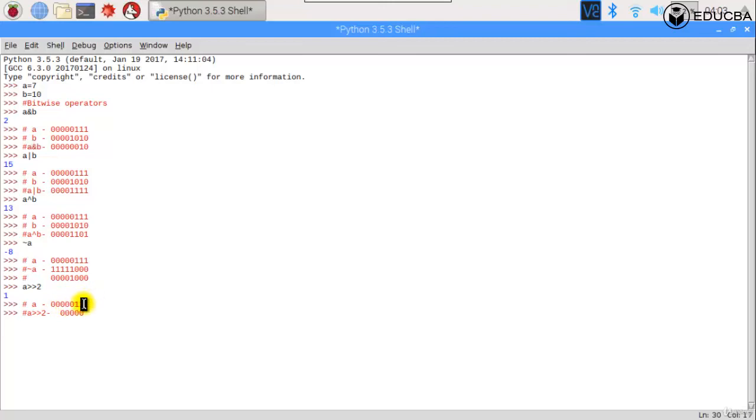Then comes the 3 ones. This one is going to be shifted to the right, which means that one is also going to come here. But what about the rest of the 2 ones? They are gone. They cannot be shifted to the right because this is the maximum that it can hold. What about these 2 bits? These 2 bits are going to be 0 and 0. So what's the answer? Right shifting the bits by 2, the answer is 1.